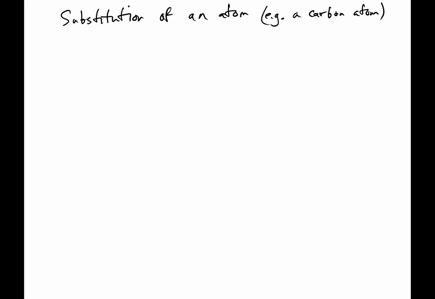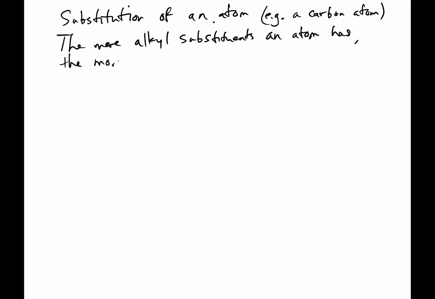So, all right, here's what we mean by that. The more alkyl substituents a carbon has, or an atom has, the more substituted it is. Okay, and we'll encounter this quite a few times in our course.